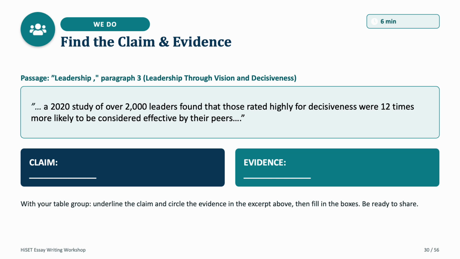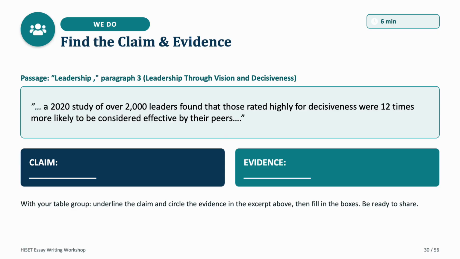Now you're going to do one with me. Are you ready? We're going to look at a quotation from Leadership Through Vision and Decisiveness. This comes from paragraph 3. Read along with me. A 2020 study of over 2,000 leaders found that those rated highly for decisiveness were 12 times more likely to be considered effective by their peers.